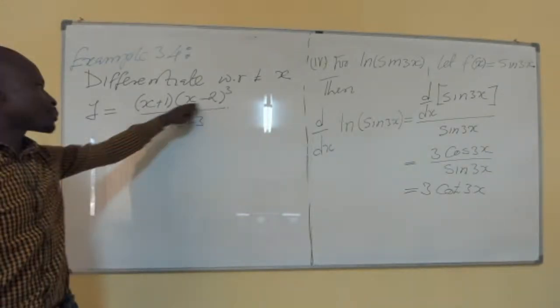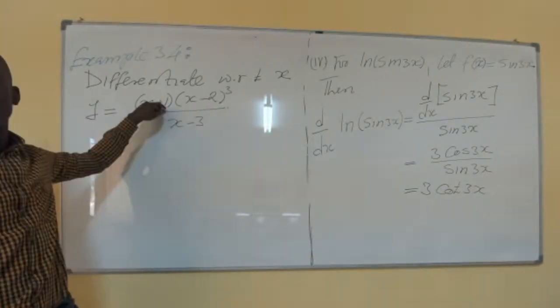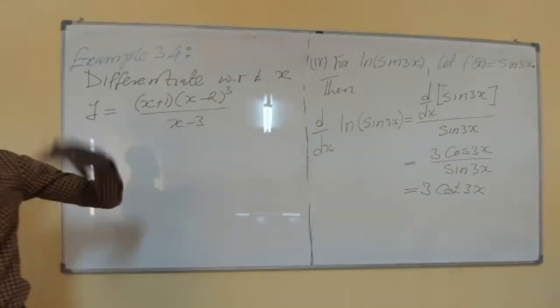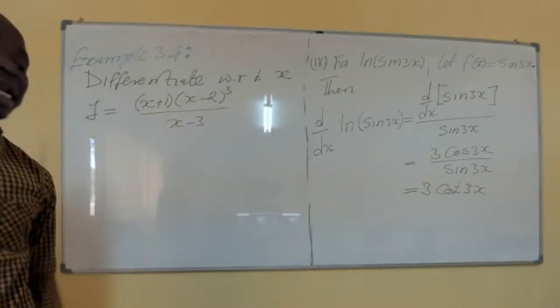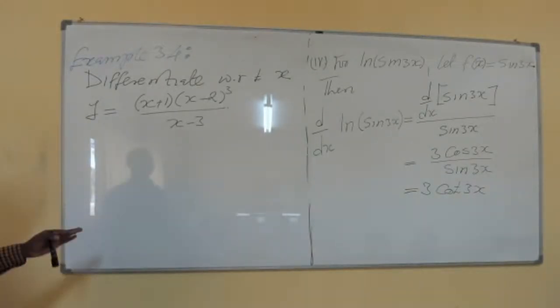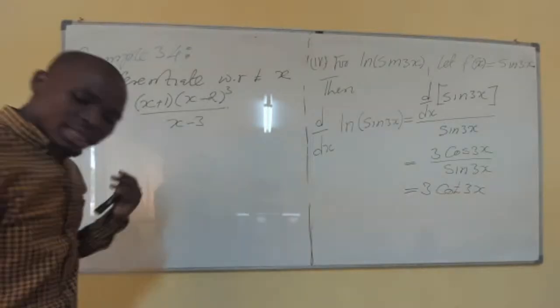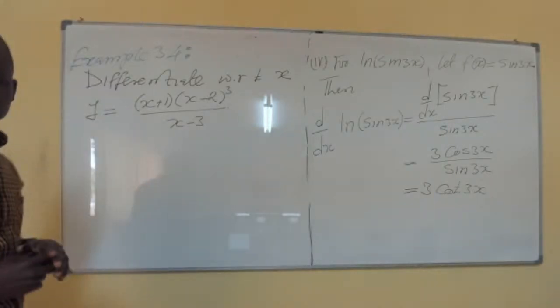Because there's a product, you apply the product rule. Because there's a quotient, you apply the chain rule, the product rule, and the quotient rule at a go. To make it easy, you use logarithmic differentiation.